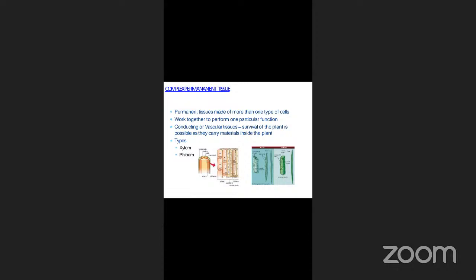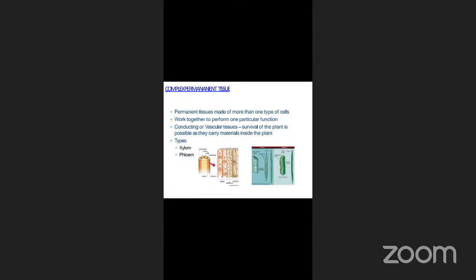All the land plants, that is pteridophytes, gymnosperms and angiosperms, are vascular plants. All these plants together constitute the Tracheophyta.